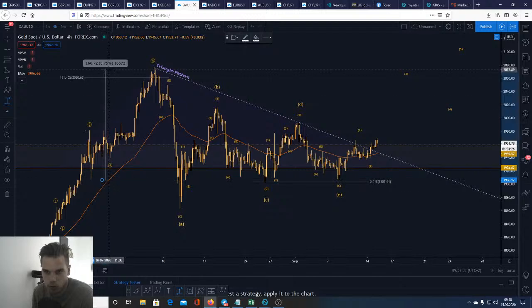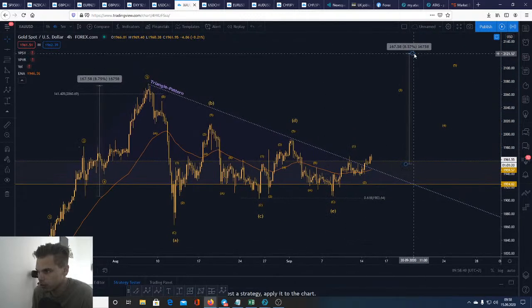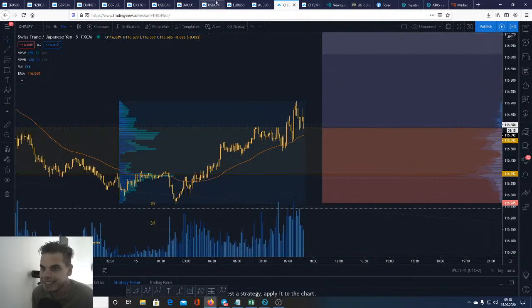At least this pole should be the target. This breakout, so at least 2,100 should be the target here. At least.